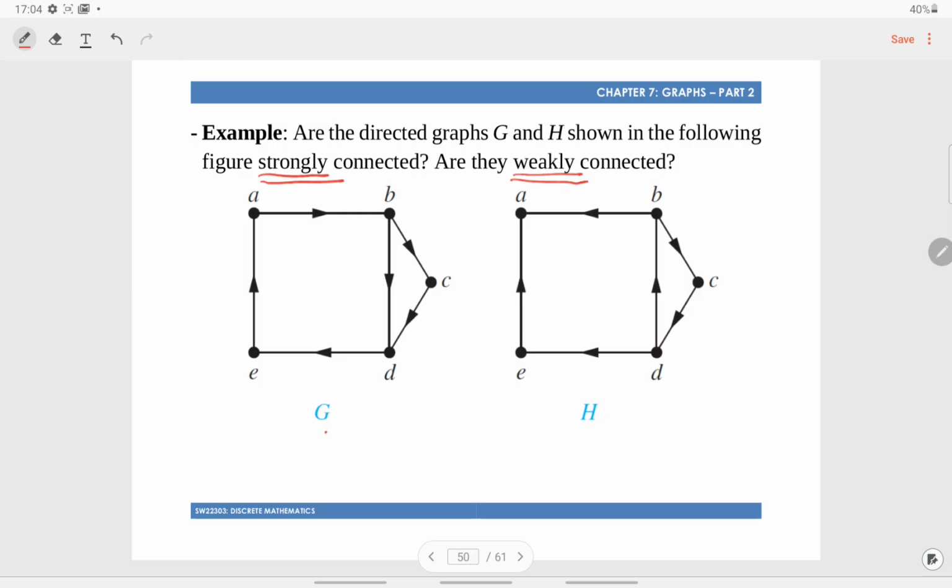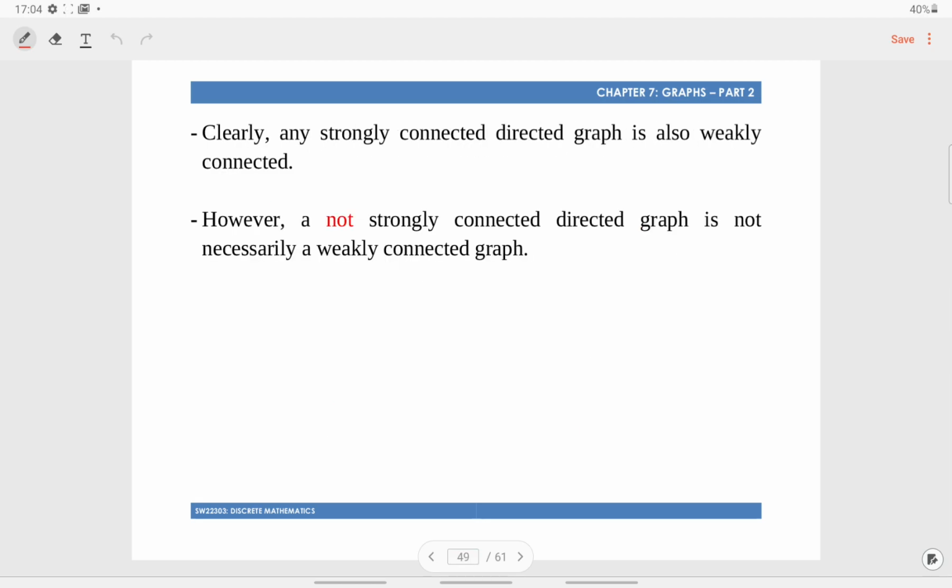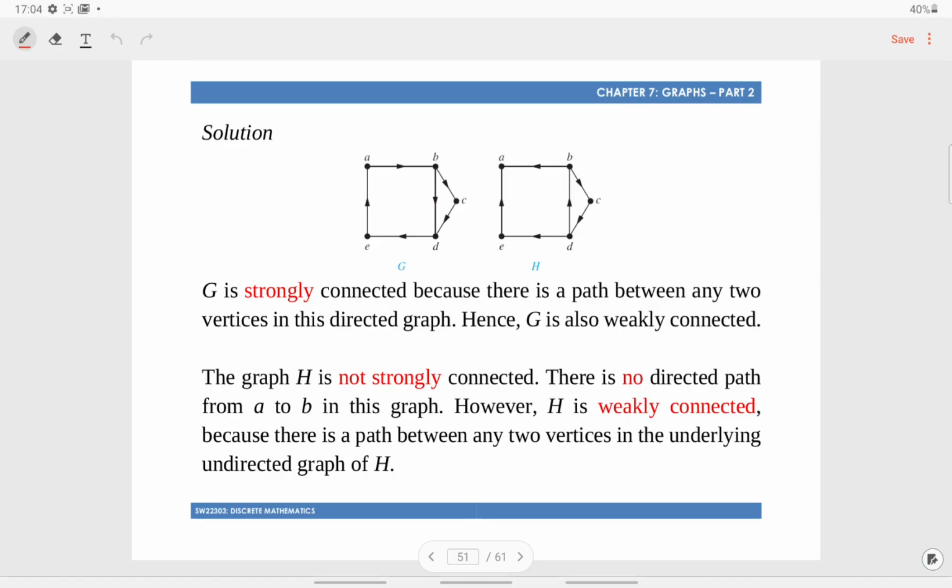In the graph G, there is always a path from one vertex to another vertex. There is always a path between two vertices in the directed graph.